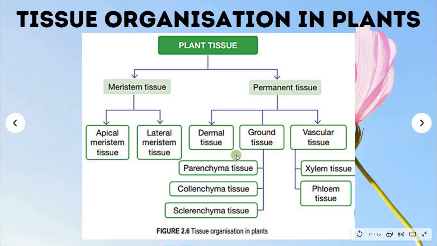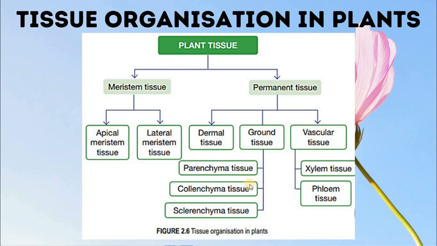Permanent tissue can be divided into three types: dermal tissue or epidermal tissue, ground tissue, and vascular tissue. Ground tissue can be divided into three types of tissue. What are they? Please pronounce them correctly and also spell them correctly.